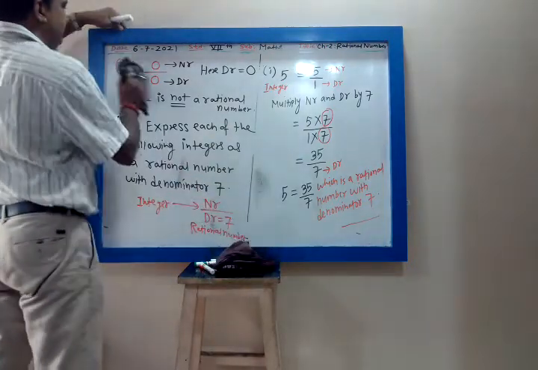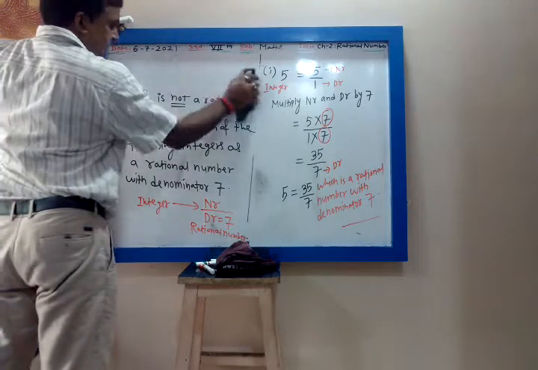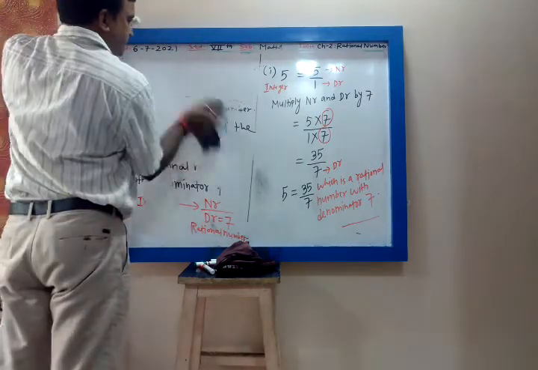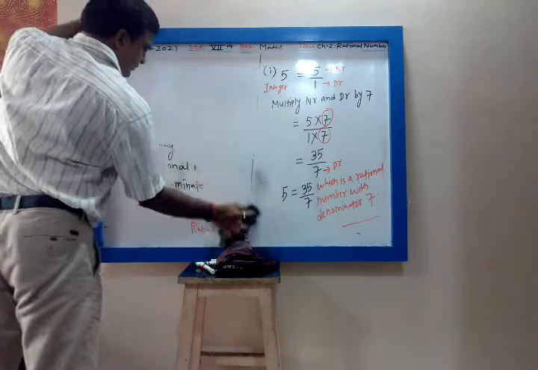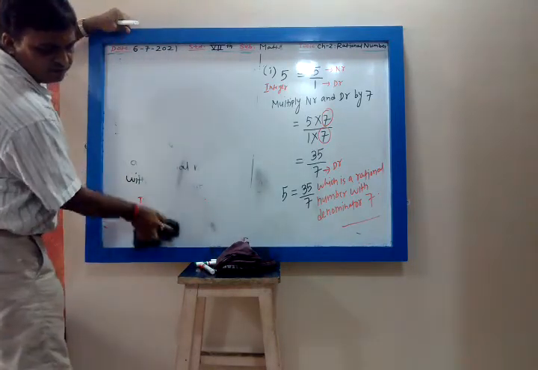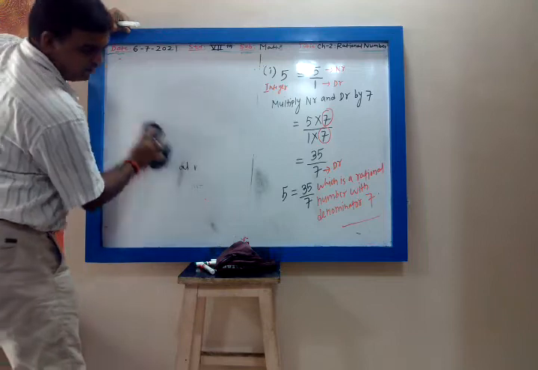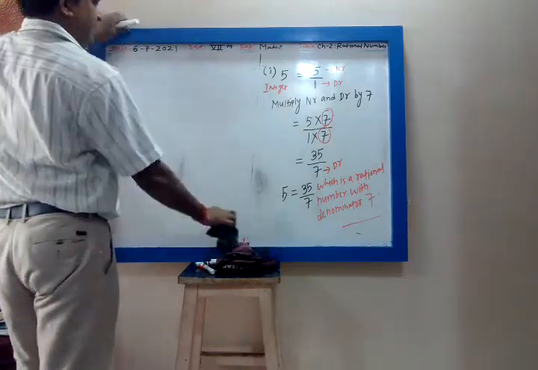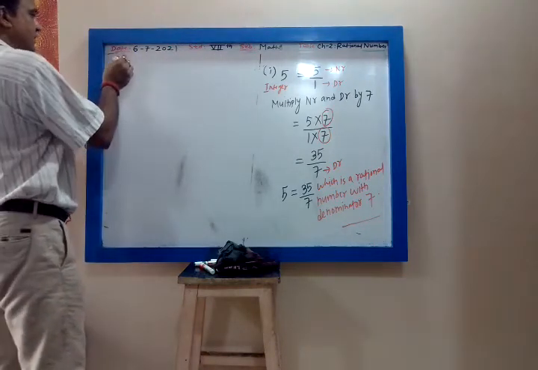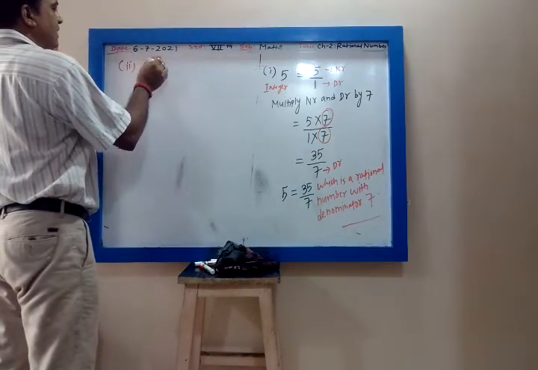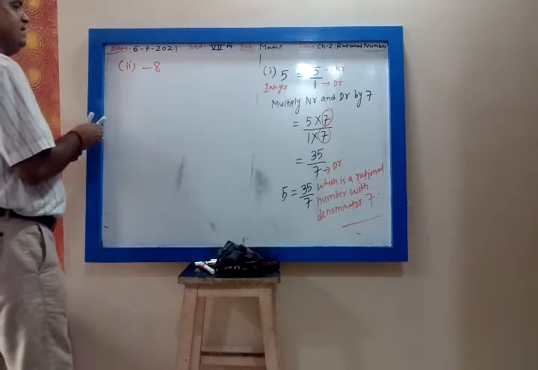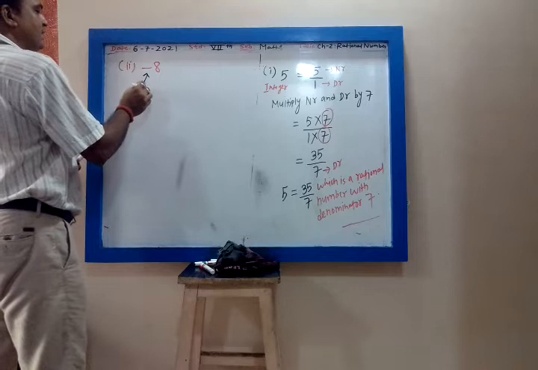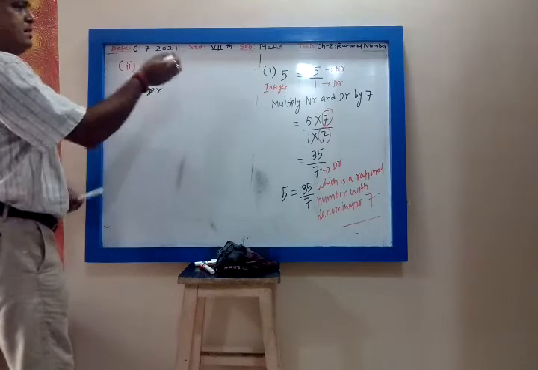Next is minus 8. Same thing you will do. Second question, you are given minus 8. Minus 8 is a negative integer, and this integer we have to convert to a rational number.